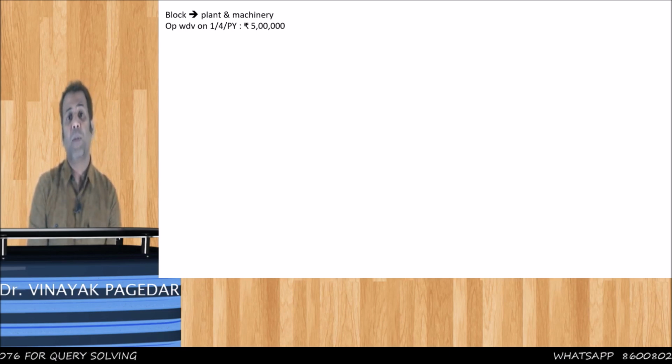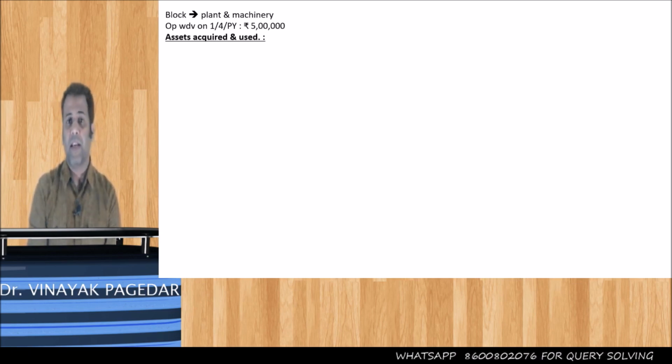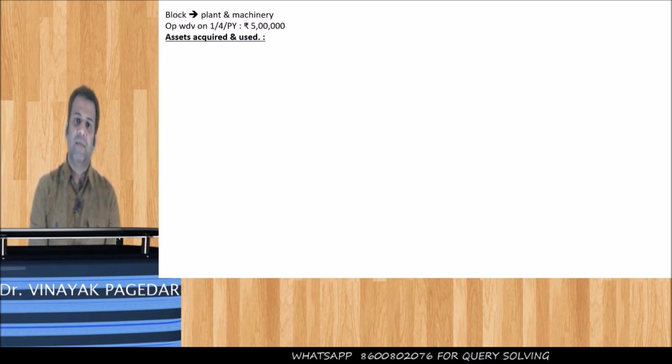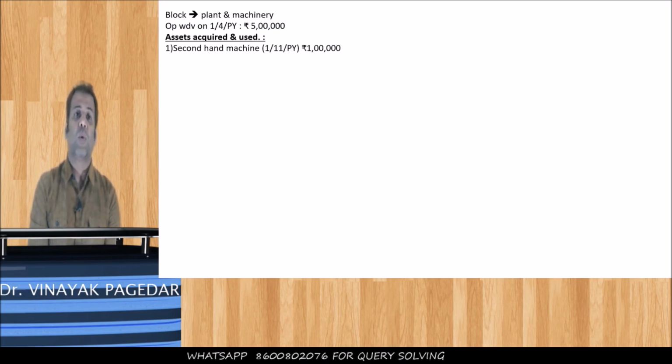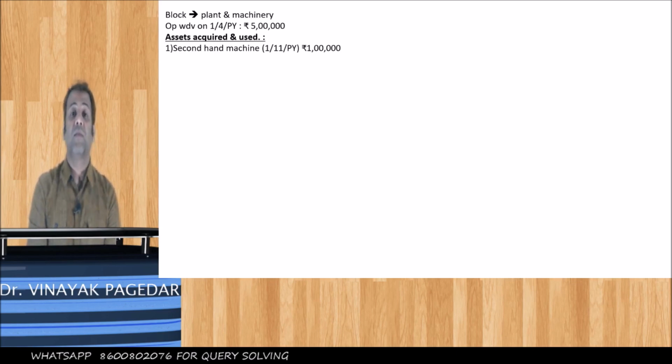The opening WDV of this block on 1/4 of the PY was 5 lakhs. Correct? We purchased some assets in this year and we started using them in our business. First was a second hand machine which we acquired and started using from 1st November 2019, 1st November of the PY.